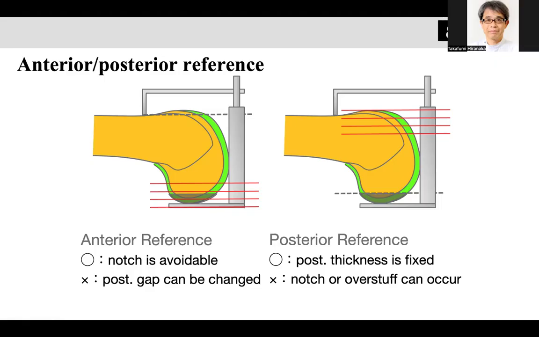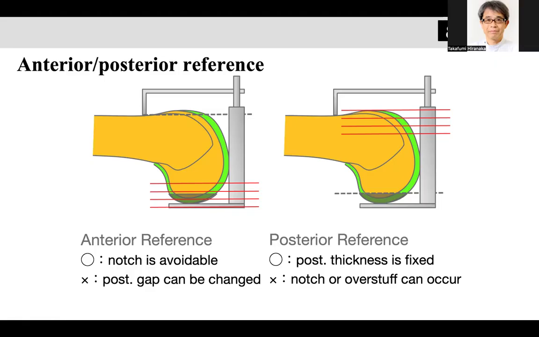That means in this system the anterior cutting surface is decided and not so variable, so notching can be avoided. But the posterior cut can differ from the original component size. Sometimes it is thinner than the component thickness, sometimes thicker.